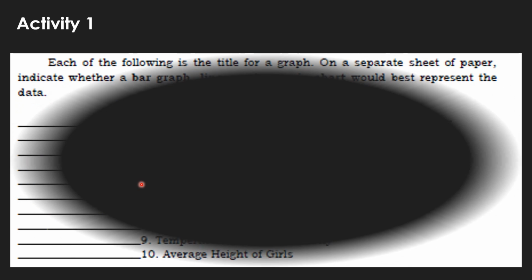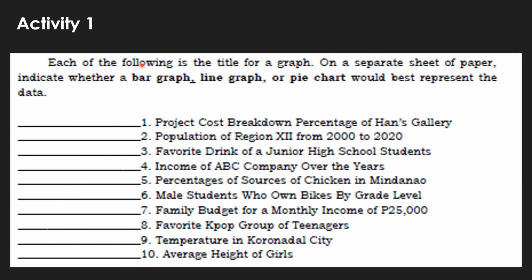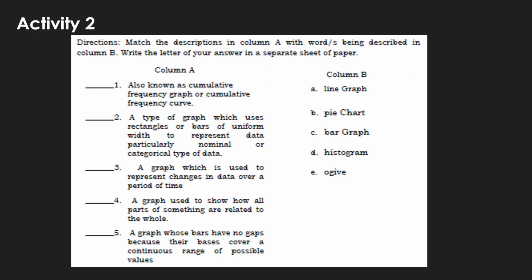For your activity today, you may answer this as your Activity 1. Each of the following is the title for a graph. On a separate sheet of paper, indicate whether a bar graph, line graph, or pie chart would best represent the data. So, you are going to identify what kind of chart or graph would represent each data. Activity 2: match the descriptions in column A with the word or words being described in column B. Write the letter of your answer on a separate sheet of paper.